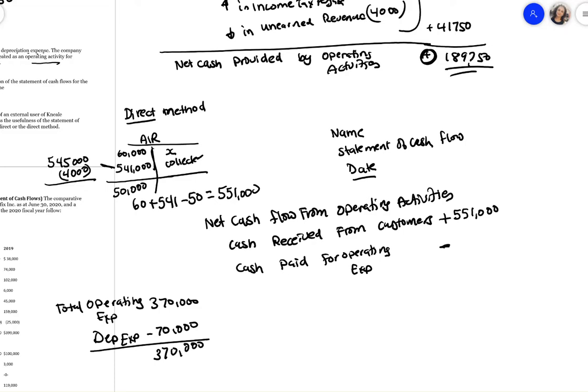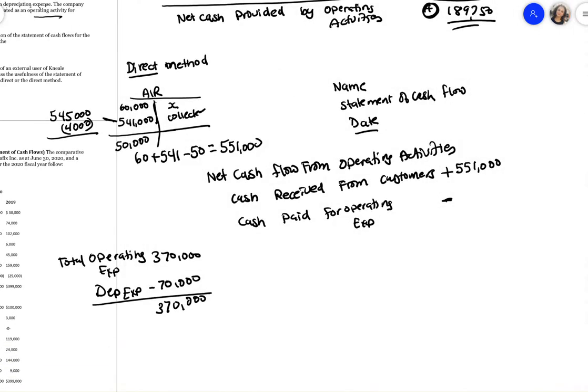Then we needed to connect them to my prepaid and to accounts payable. So first we are connecting it to prepaid insurance, and then to the accounts payable.